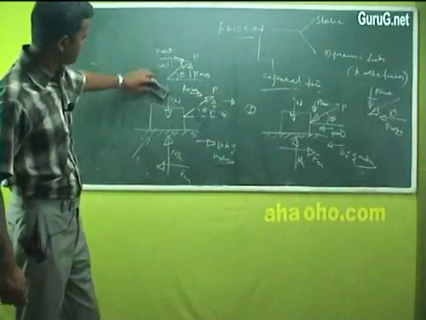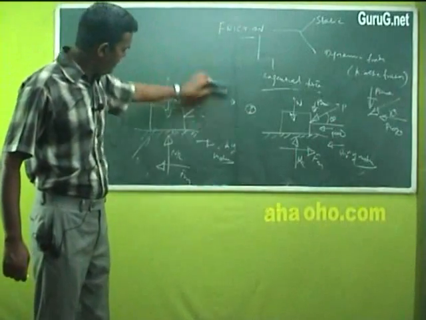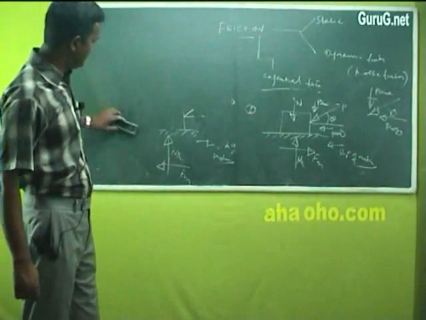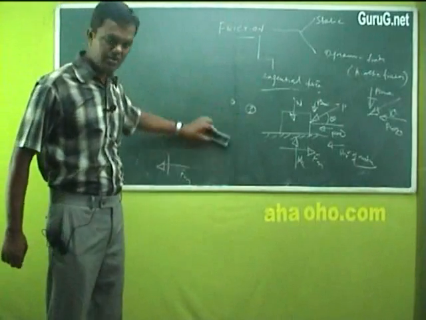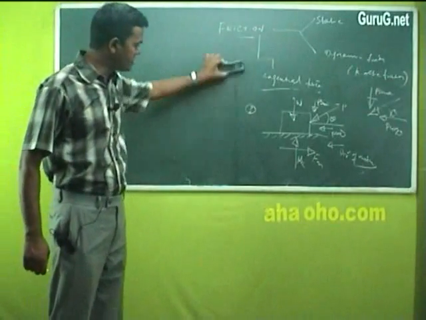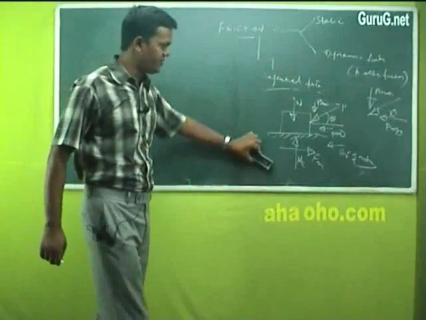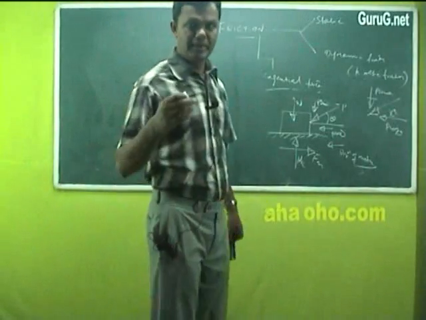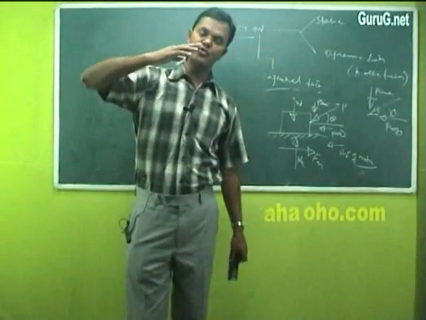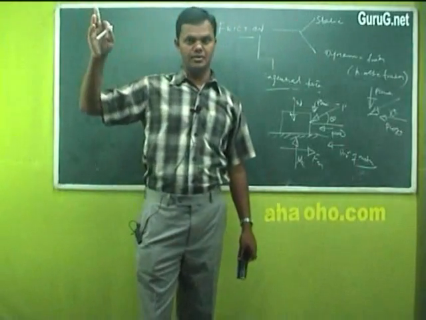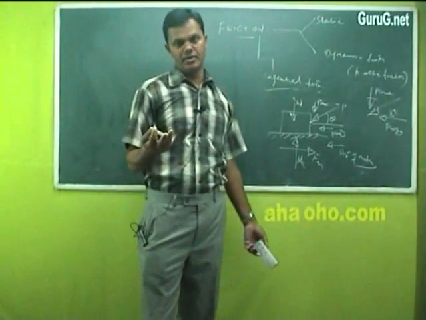The next step is, any inclined force is generally a resultant value, is it not? Because an inclined force, whatever inclined force we are writing, will have to form a component of one vertical and horizontal. So we will have a resultant value.